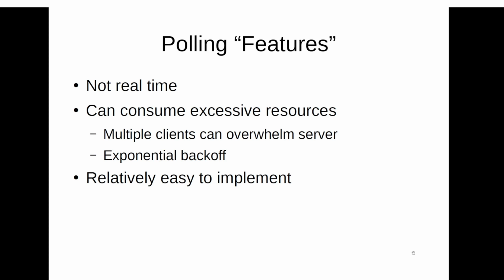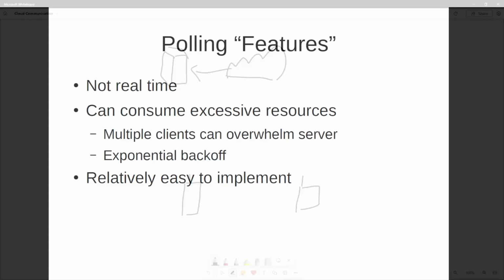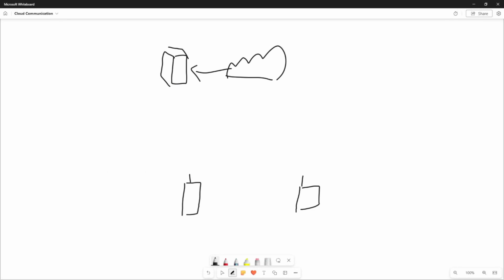One solution to this is to implement what's called exponential backoff. Exponential backoff is a solution where when a client hits the web service to fetch information, there is some time period that must expire between one check and the next check.